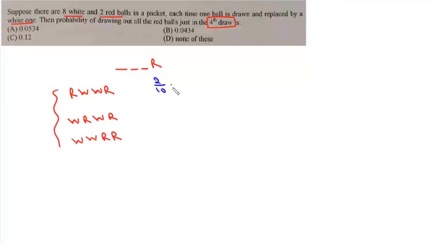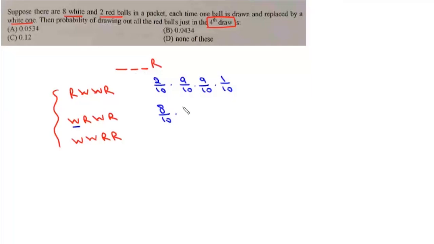Now, probability of getting a white ball. Since the first ball is red, it's being replaced with white. So now we have 9 white and 1 red. So it will be 9 by 10 into 9 by 10 into 1 by 10. Now here, the first one is white, so it will be 8 by 10.